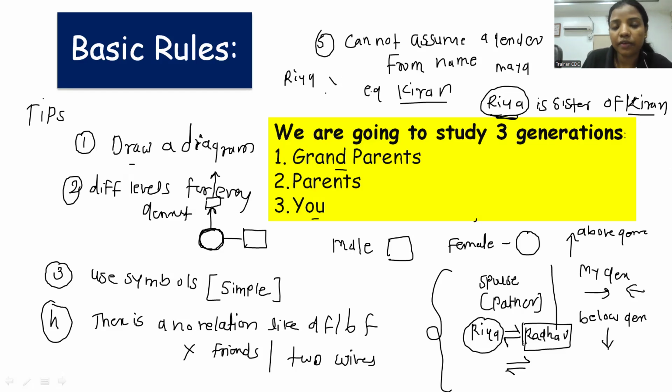Now, these five steps or tips you have to remember while solving questions from blood relation. Sixth step: before solving any question from blood relation, try to draw your family tree. Draw yourself, your father, your mother, your sisters in your family.